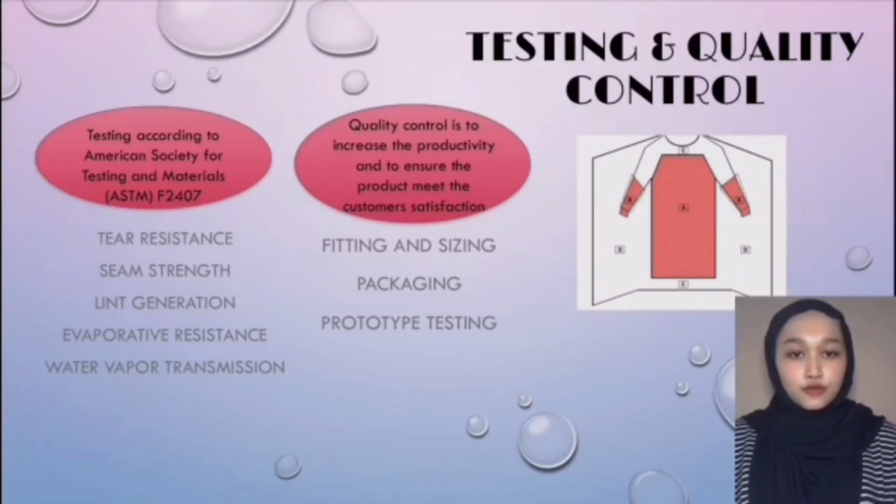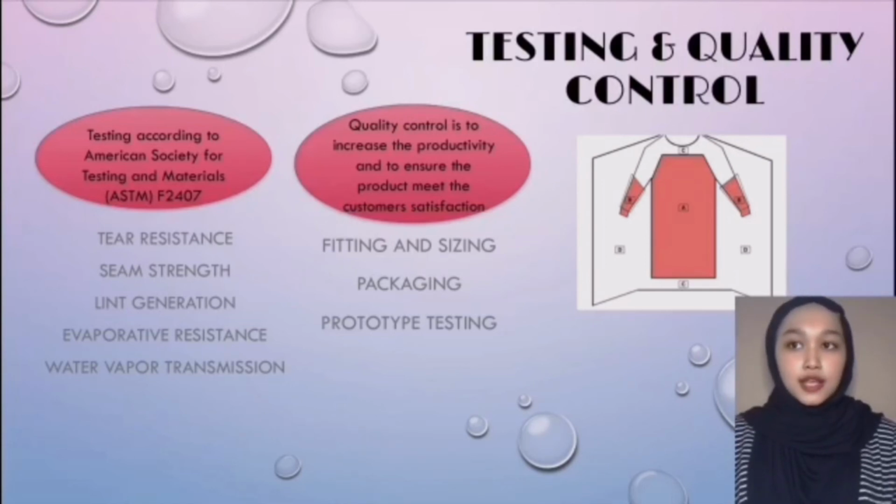I will present to you about testing and quality control. Testing is very important in manufacturing because it helps us to understand and quantify whether a specific material or treatment is suitable for a particular application. In this assignment, we followed the American Society for Testing and Materials.